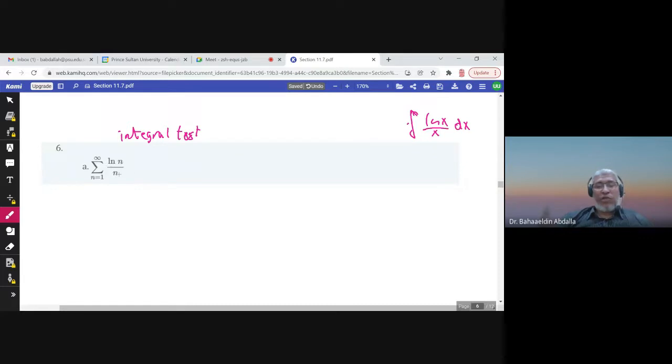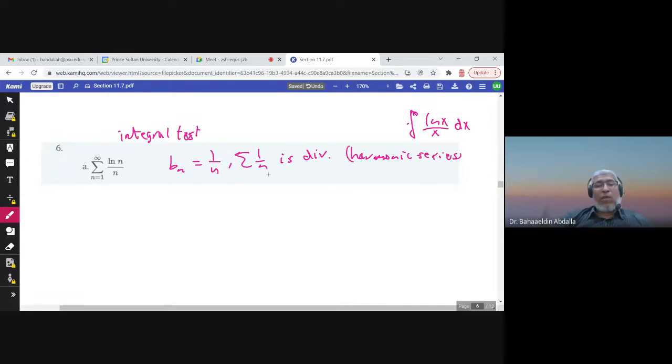You need to prove it's decreasing, okay? But I can also use the comparison test. I can compare it with 1 over n. I know that summation 1 over n is divergent. It is the harmonic series.